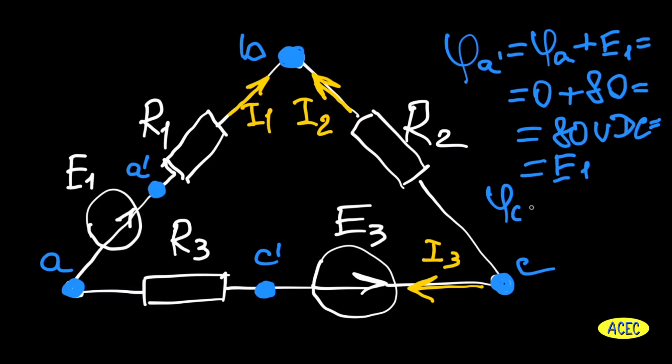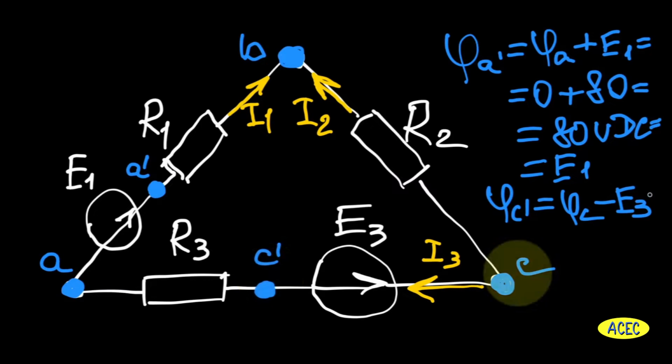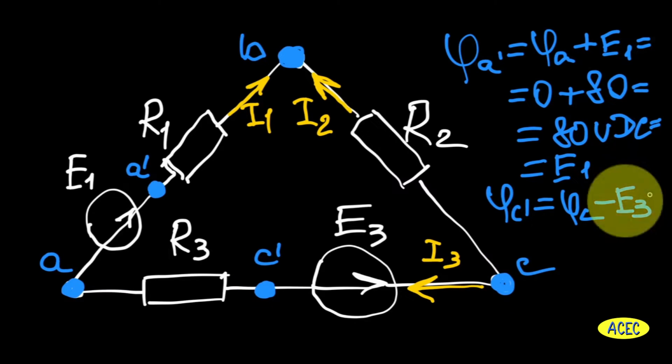And now we can find the last unknown potential in point C dash. Phi C dash is phi C minus E3. Why minus? Because we see that voltage source E3 has the opposite direction and goes from point C dash to node C, so it will be with minus sign in the equation.